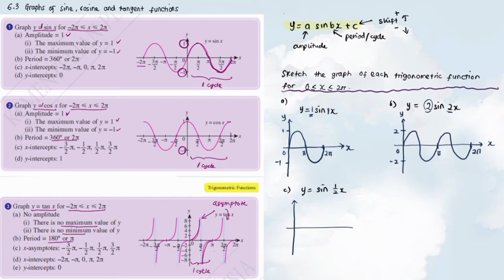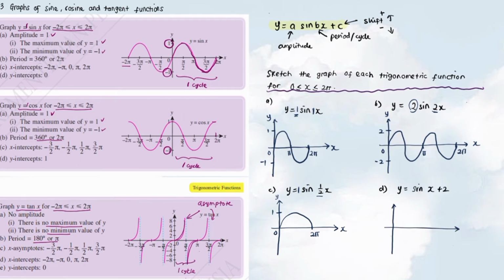For the third question, y equal to sin 1 over 2 x. Here the period is 1 over 2, meaning that half a cycle will be taken to reach 2 pi. So label here with 0, and the amplitude is 1, the maximum is equal to 1, and your graph is ready.